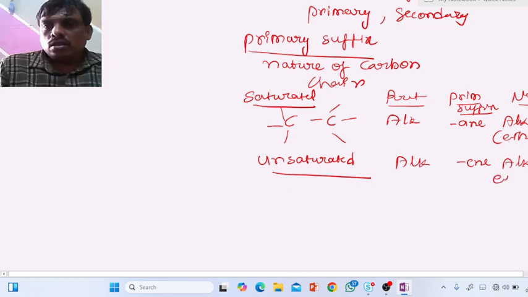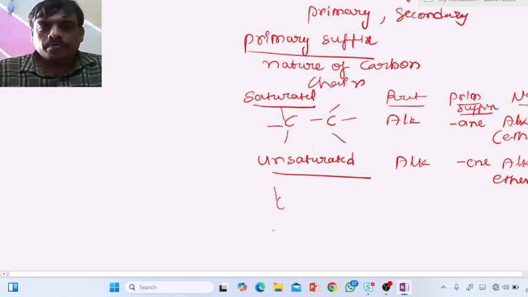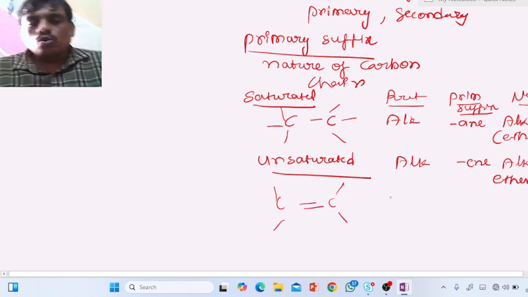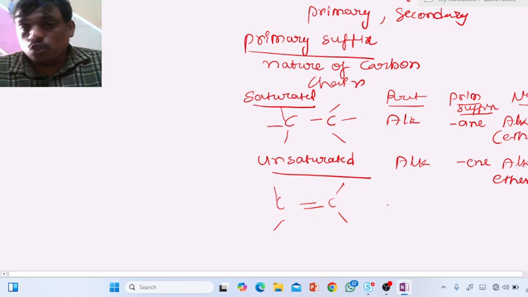Example, ethene can be taken as the best example. Structure, how it looks like: two carbons will be there, with two bonds in between the two carbons.